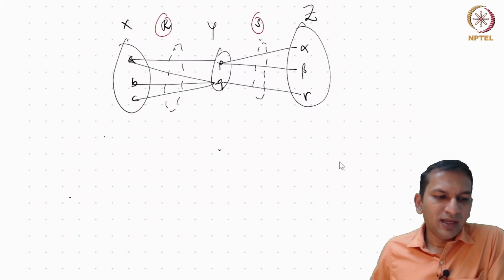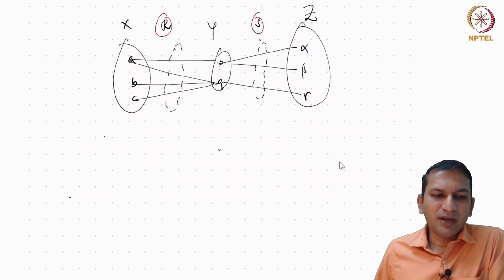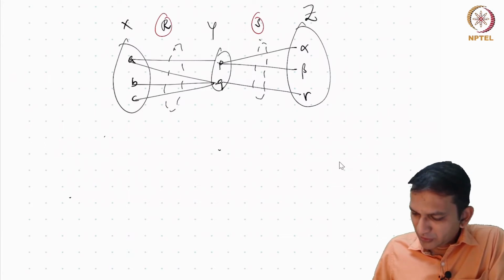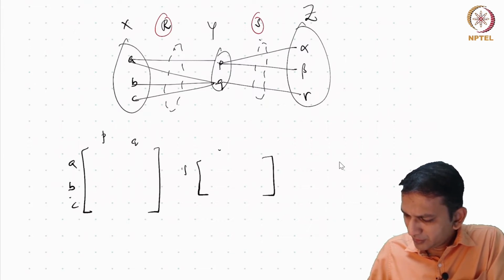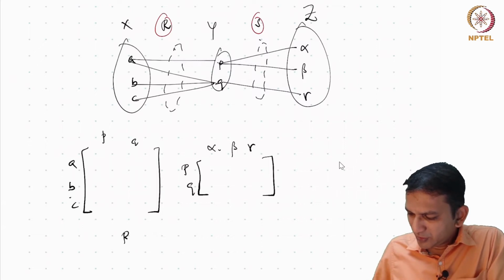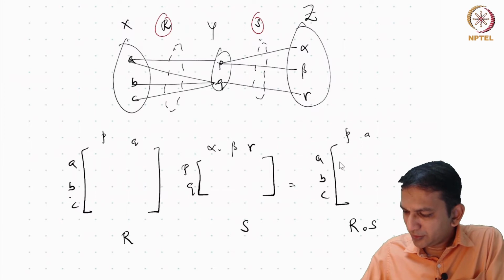To answer that, let's write these relations in the corresponding matrix form. So that means R, we would write it like this, A, B, C, P, Q, and S, we would write it like this, P, Q, alpha, beta, gamma. So this is your R and this is your S. And what we want is R circle S, which will be from A, B, C to P, Q, and R.